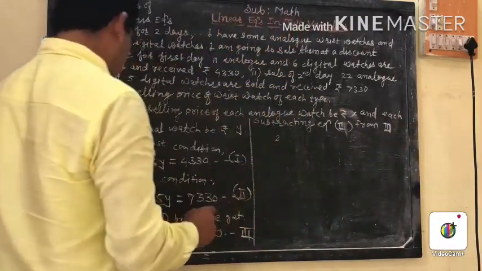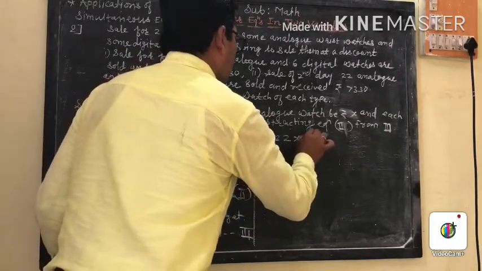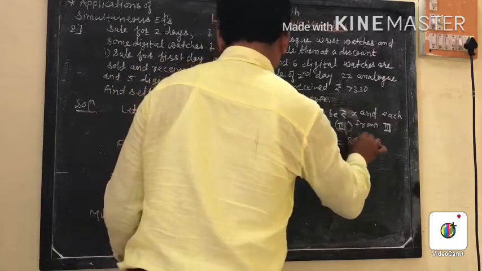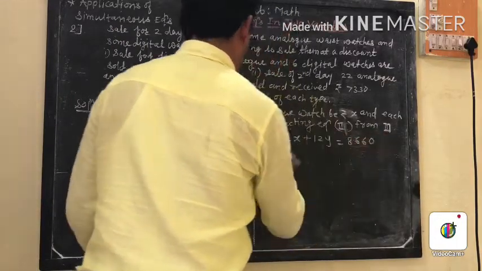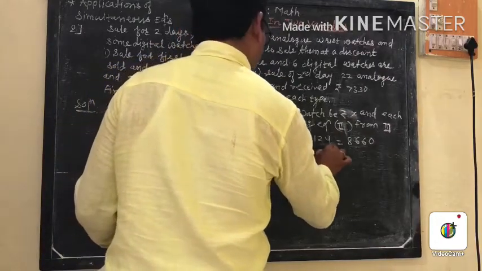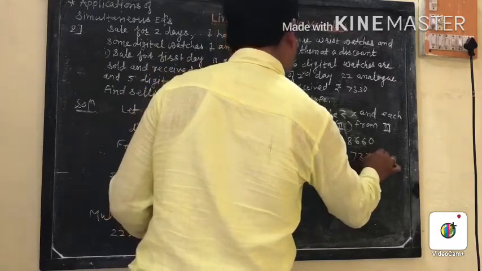Okay, write down equation 3 first: 22x plus 12y is equal to 8660. Then equation 2: 22x plus 5y is equal to 7330.